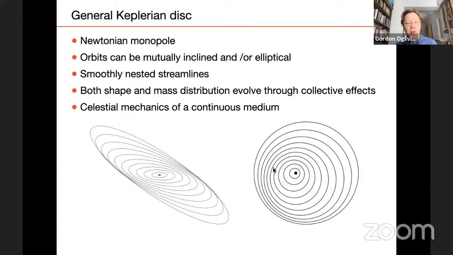And we can consider a Keplerian disk made up of these variably inclined or variably elliptical orbits. And to the extent that the motion of the material in these thin disks is dominated by gravitational and inertial forces, these orbits can be seen as the first approximations to the streamlines of the gas flow in these disks.